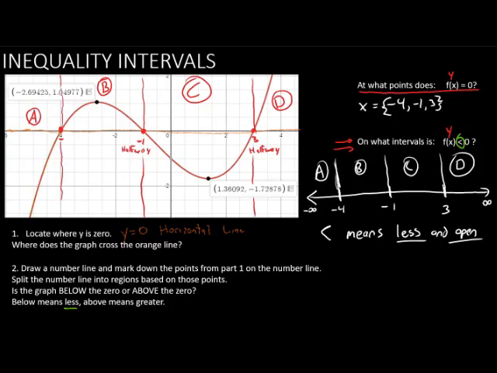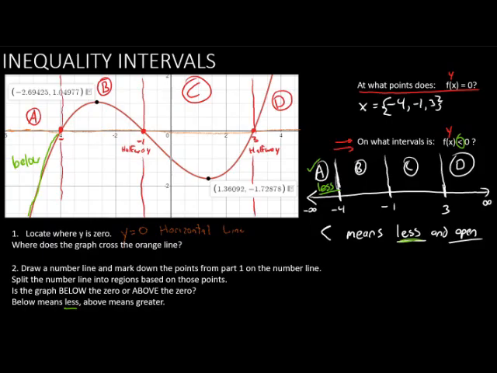Let's look at region A, which I'm shading in green now. Notice that this part of the line is definitely below the orange line. That means that we'll say in region A, the graph is less than 0. And that does match our condition that we're trying to hit, so region A will be part of the answer.